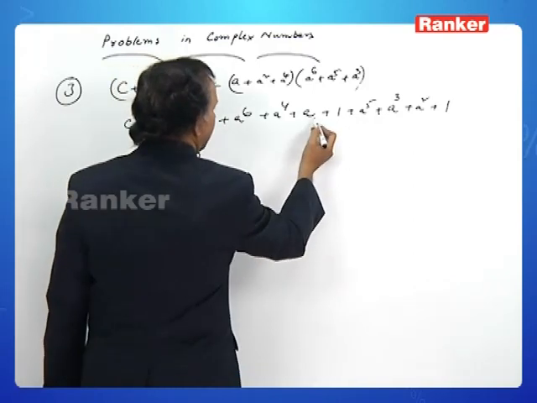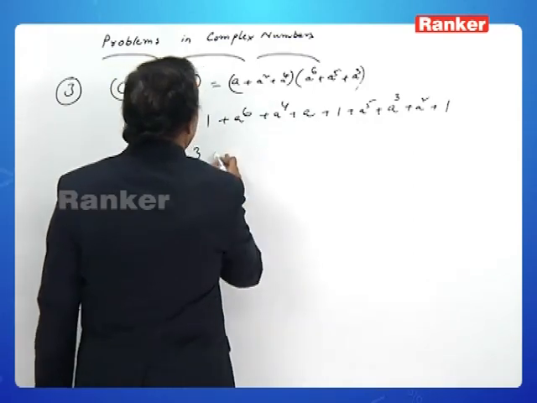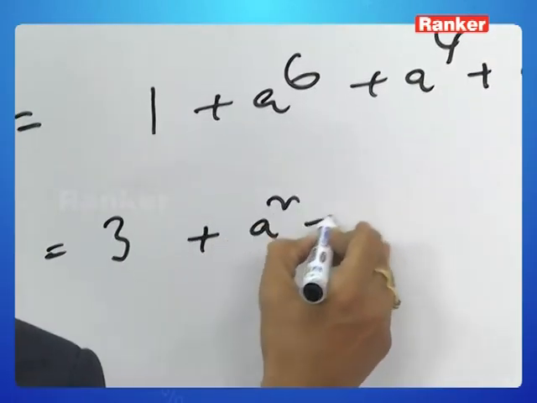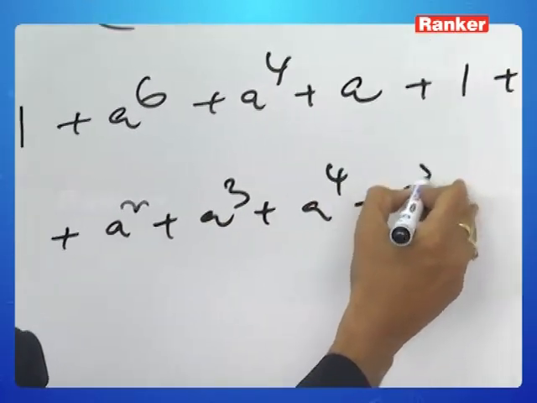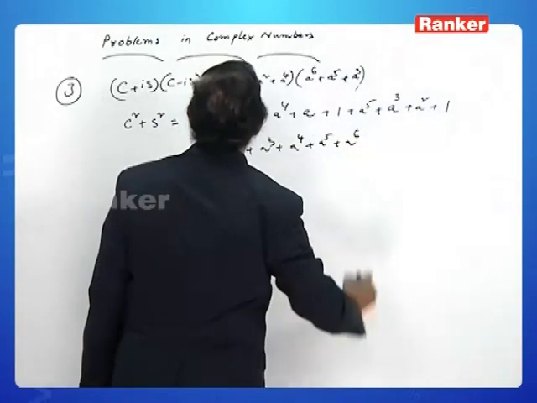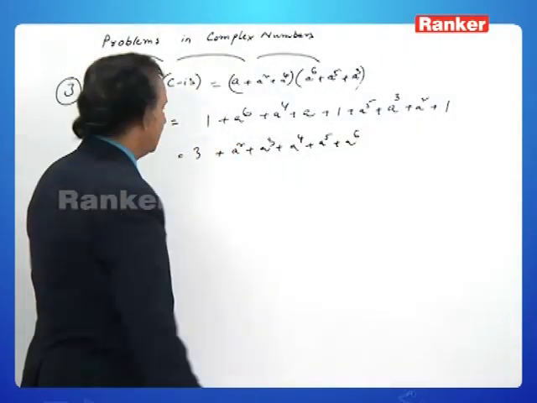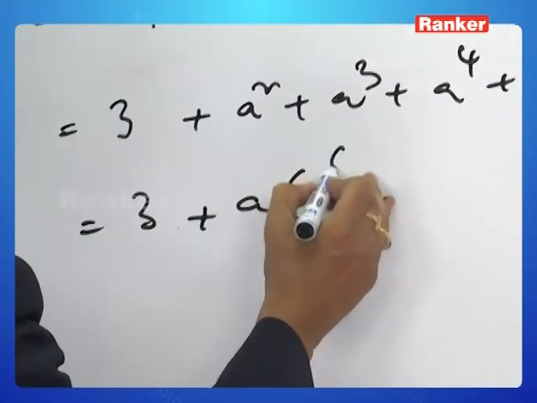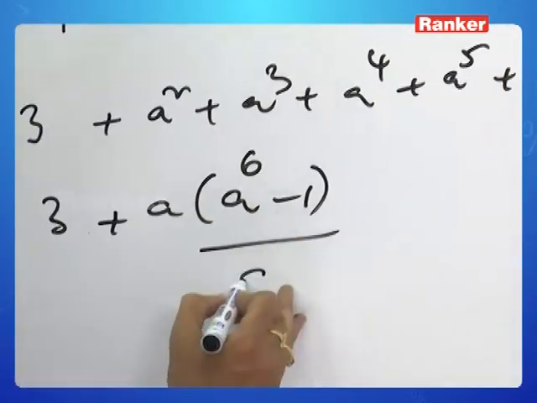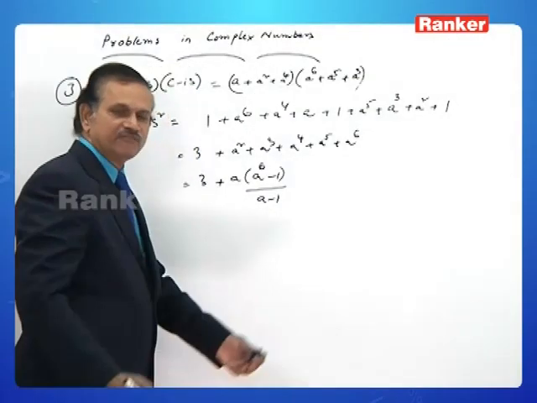And then, next, A plus A square plus A cube plus A power 4 plus A power 5 plus A power 6, all of them are available. Hence, this is 3 plus A into A power 6 minus 1 by A minus 1 as before.